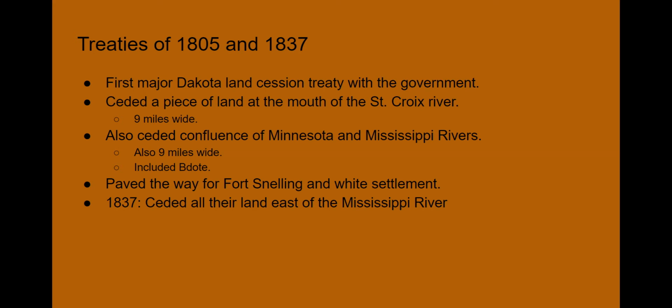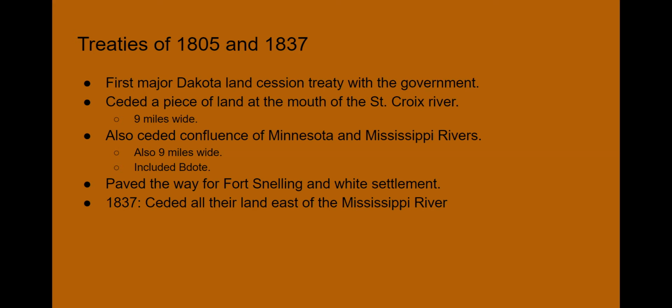And then in 1837, another piece of land, except this one much bigger, was taken from the Dakota. And that included all of the land east of the Mississippi River.